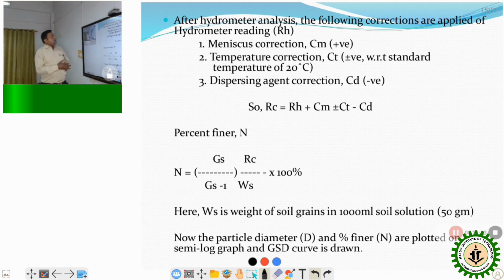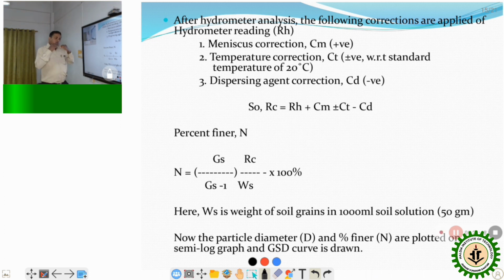After getting the hydrometer reading during the experiment, 3 corrections have to be applied on the recorded hydrometer reading: meniscus correction, temperature correction, and dispersing agent correction. Meniscus correction: the hydrometer is made of glass.